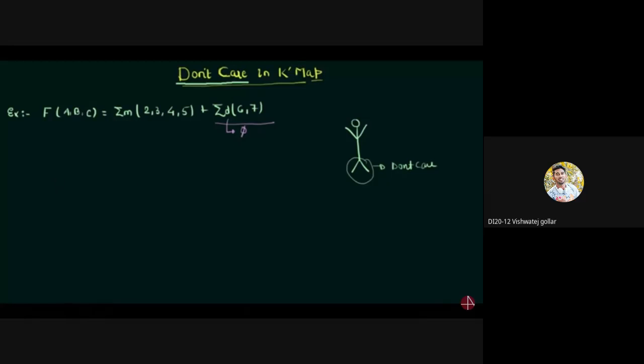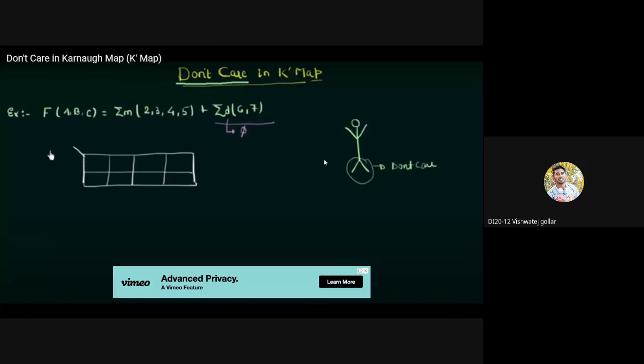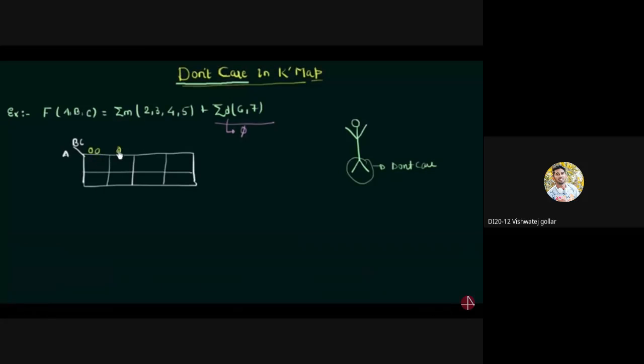So let's first make our 8-cell K map. The three variables are A, B, C, with 0, 0, 0, 1, 1, 1, 1, 0, 0, 1.